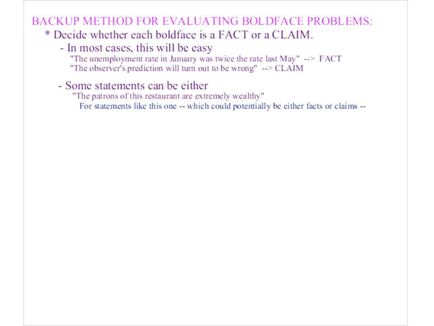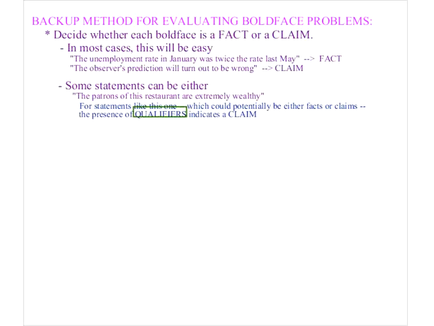But back to this, the way to tell whether these are facts or claims: the presence of qualifiers indicates a claim. What I mean by qualifiers is statements that qualify the original statement.